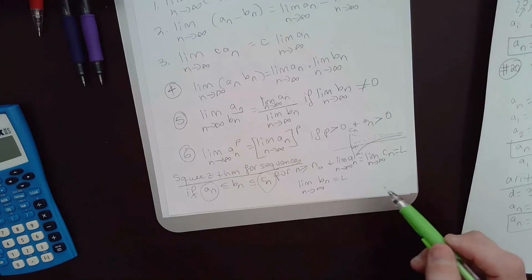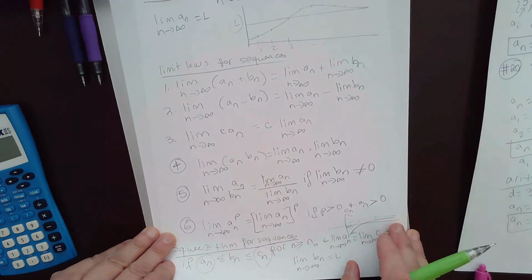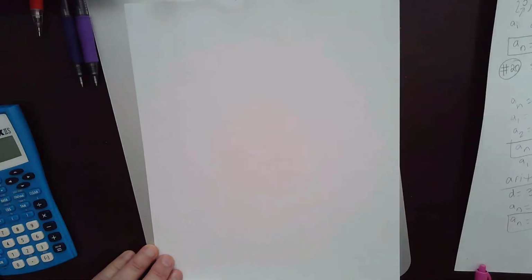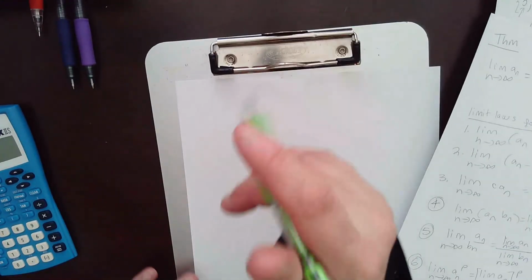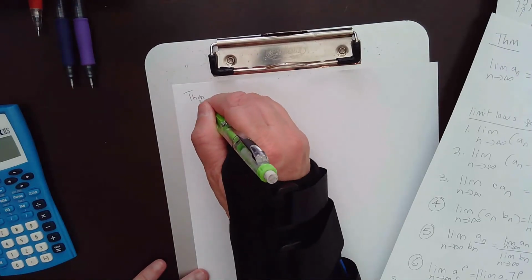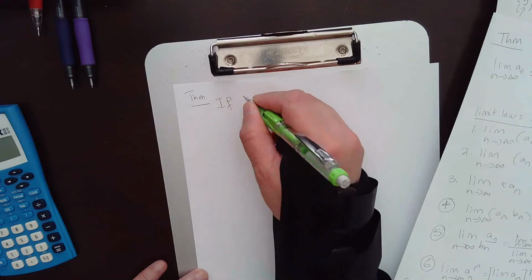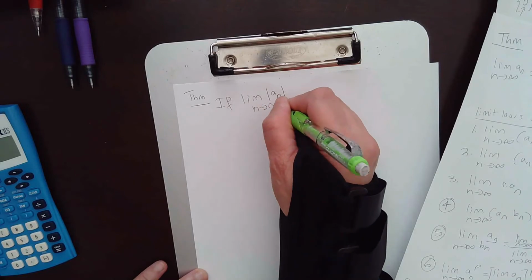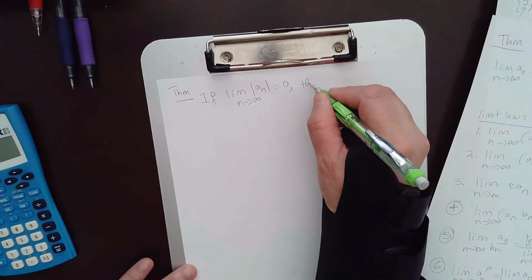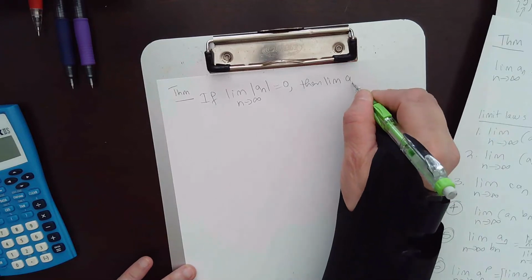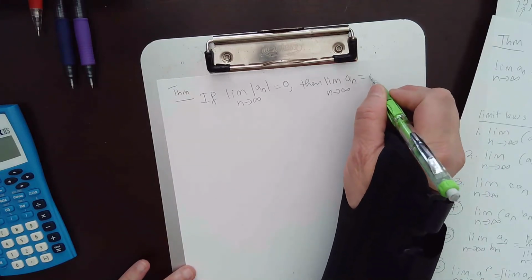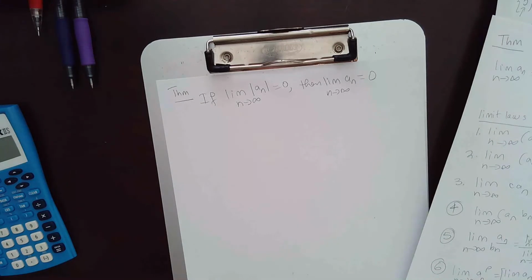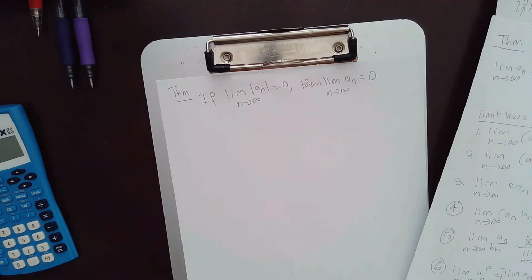Okay, let's go. And let me give you this theorem here. If the limit of the absolute value of a_n as n approaches infinity equals 0, then the limit of a_n as n approaches infinity also equals 0.